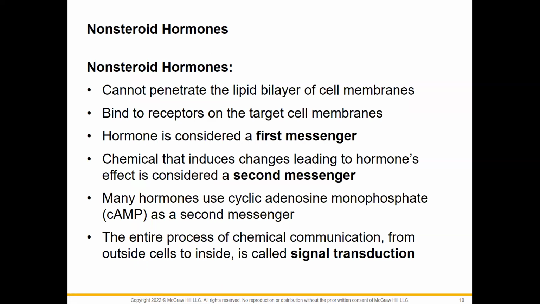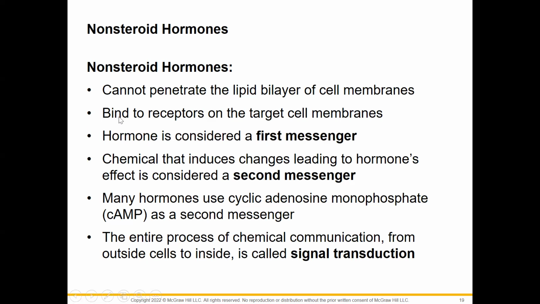Non-steroid hormones cannot penetrate the lipid bilayer of the cell membranes because they are not made up of lipids. Remember, these are made up of amino acid backbone, peptides, proteins, and glycoproteins, none of which are lipids and none of which are lipid soluble. So non-steroid hormones will bind to the receptor on the outer membrane of that target cell.